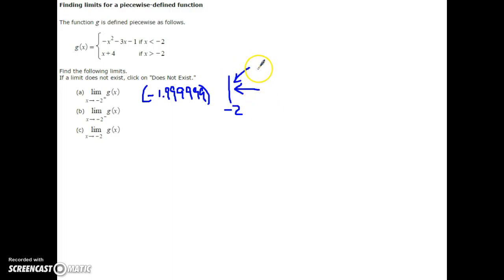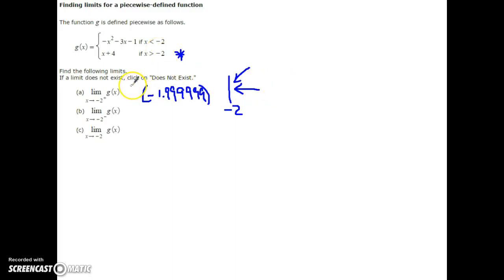So I'm coming from right to left. Is my x value going to be greater than -2 or less than -2? This is a little bit more than -2. So my x value is greater than -2 because it is something like -1.99999, which is greater than -2.